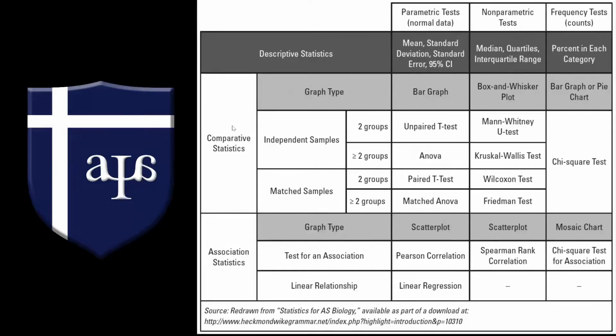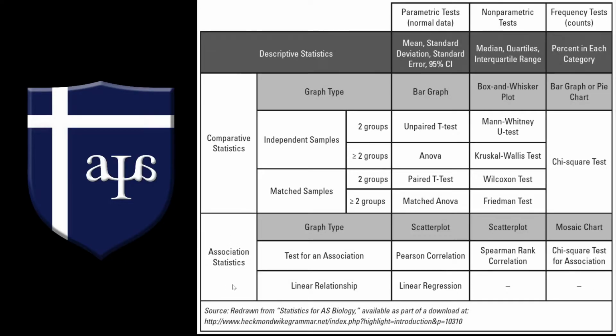There are two main types of statistical analyses: comparative statistics and association statistics. Association means that you're trying to find a correlation between things, and we know that correlation is not causation, but it is informative. How you actually determine whether something is statistically correlated is using association statistics.